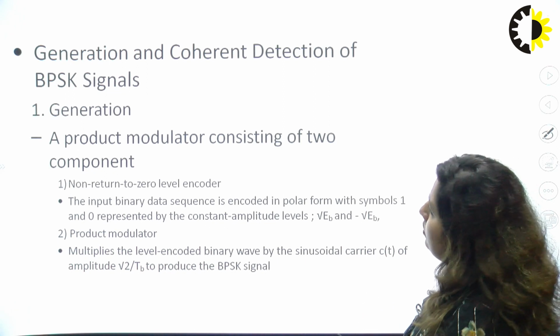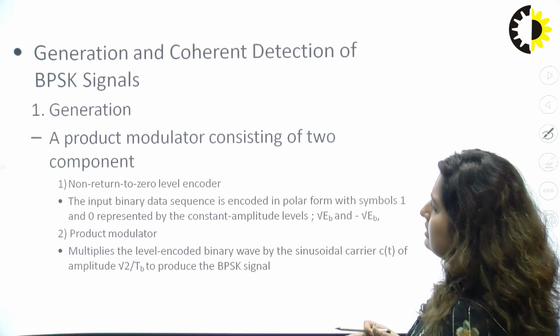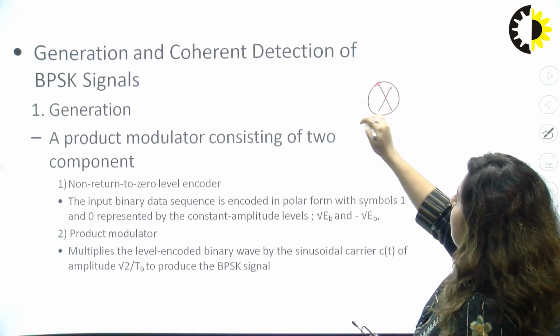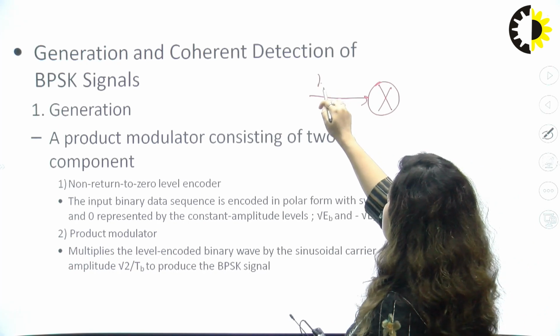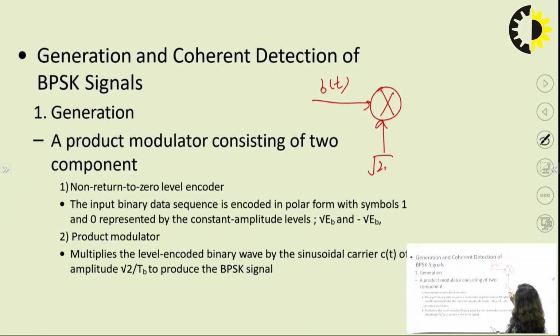So, generation and coherent detection of the BPSK signal. In the generation, again we have a simple product modulator. In the product modulator, we have the signal b(t) and again root 2Ps cos omega naught t.